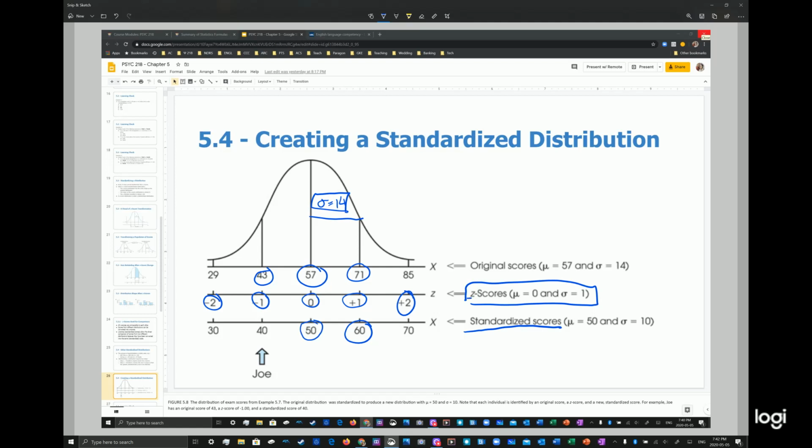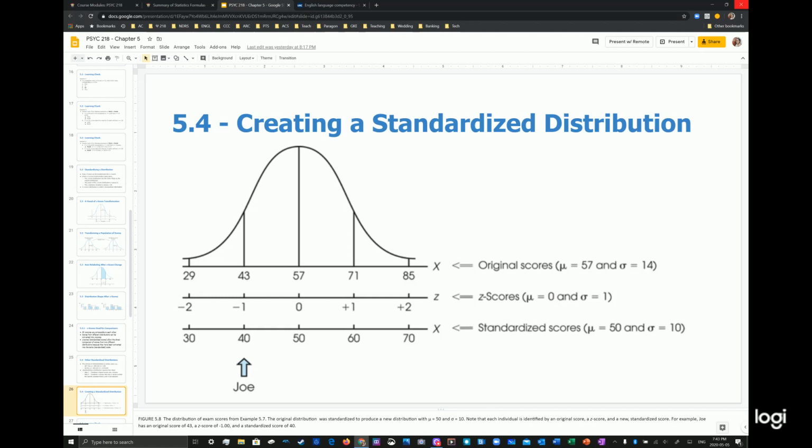And this is only possible when we first transform the original distribution in the first row here with original scores into z-scores, and then we multiply by some predetermined mu and some predetermined standard deviation, and the person doing the standardizing would set these values. Again, for two purposes. One, to standardize a test to make it more consistent, and two, to make it more consistent for not only the test taker, but also for those that are reviewing the test, schools or test makers.